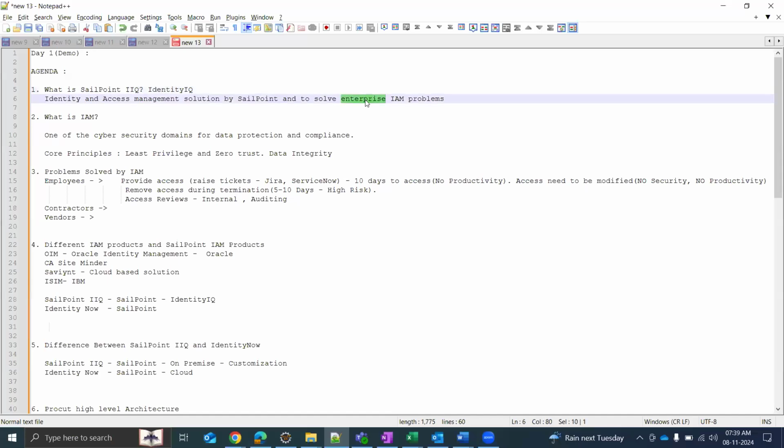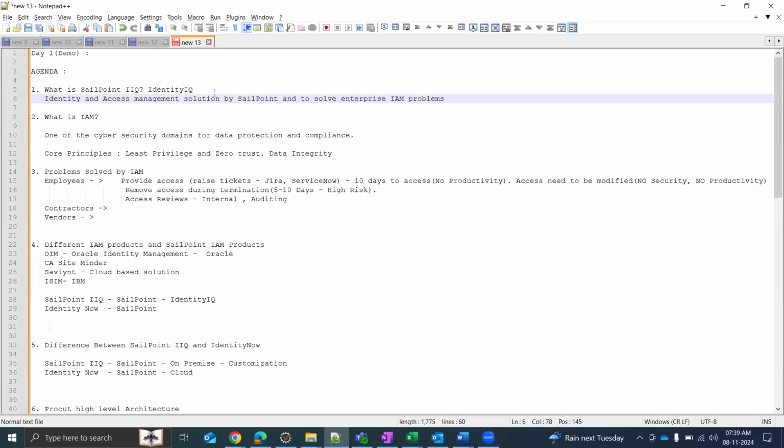This tool is mainly used for managing the IAM things of a particular organization. It's not open source, and we cannot use it for individual purposes. It's meant for organizations, for companies. So this is all about the tool SailPoint IIQ.